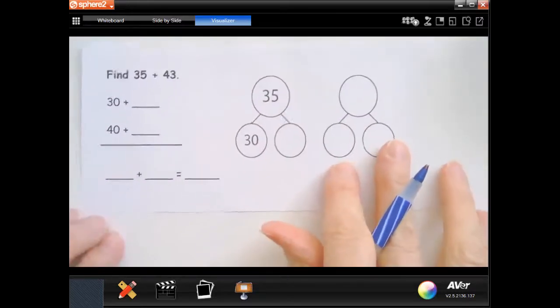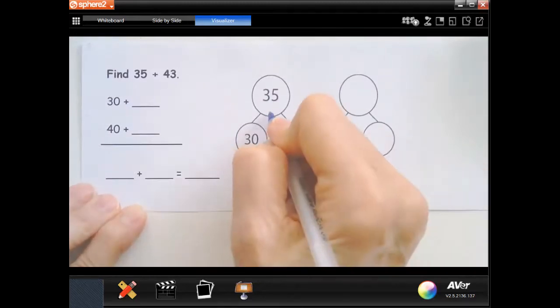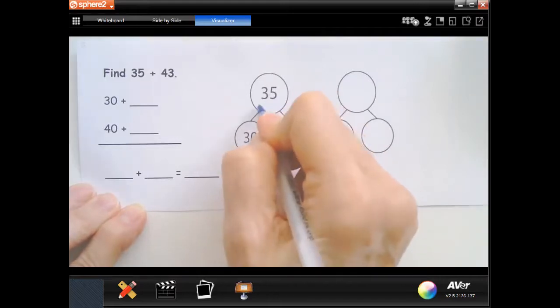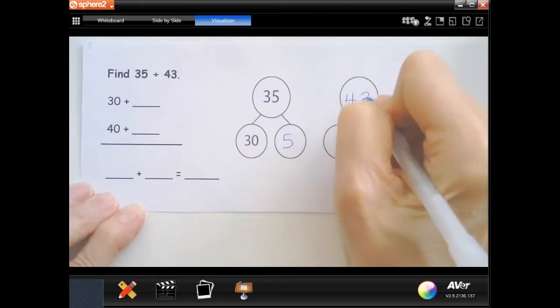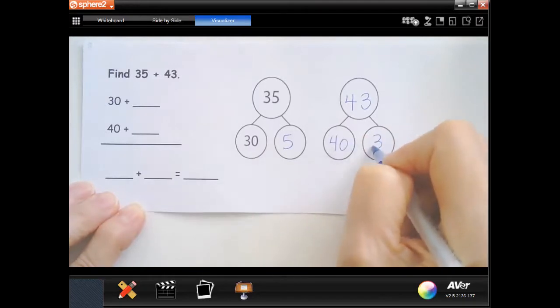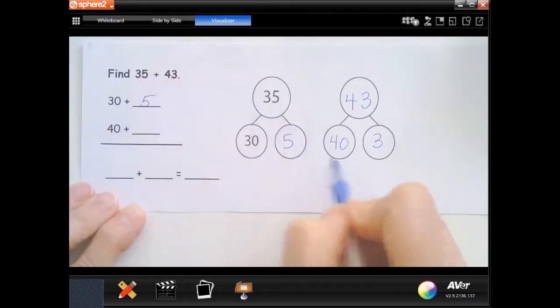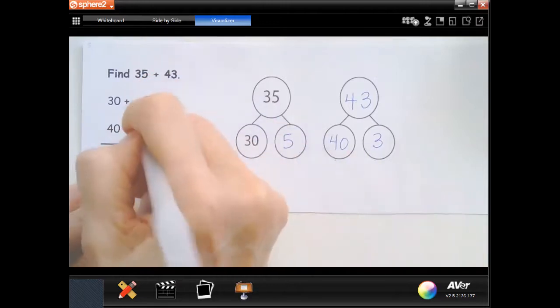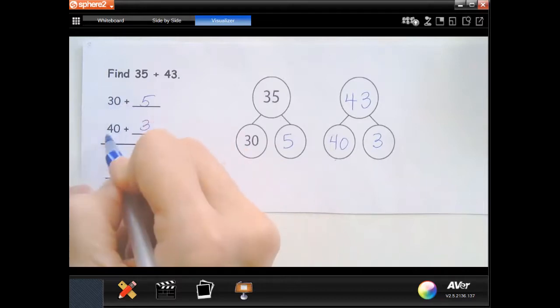Now we're going to find the answer to 35 plus 43. Let's decompose 35. 30 and 5. The second addend is 43. We're going to decompose 43. What is 43? 40 and 3. So I have 30 plus 5, and I have 40 plus 3. So I have 30 plus 40.